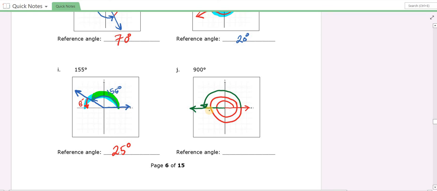See, there is no angle between the x-axis and the terminal side of the angle, so the reference angle here does not exist, because we said that the reference angle has to be an acute angle between 0 and 90 degrees, not including 0 or 90 degrees. So since 0 is not an acute angle, here we don't have a reference angle for this 900 degree angle. And that is the end of page number 6.